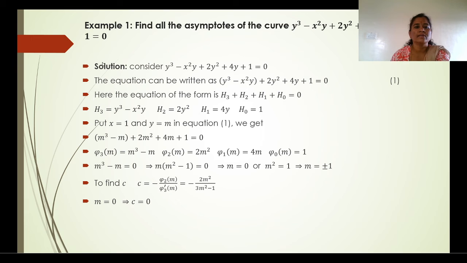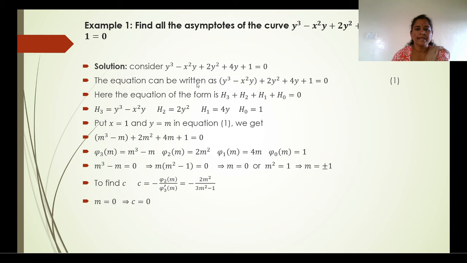Okay, let us move on to the example. In example 1, find all the asymptotes of the curve y cube minus x square y plus 2y square plus 4y plus 1 is equal to 0. In the solution part, first we consider the given equation.